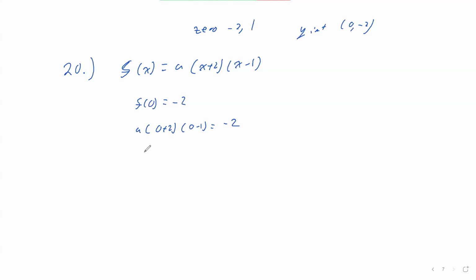So that's 2 times -1, so that's -2a equals -2. Then we divide by -2, and a equals 1. So therefore, I now have an equation of 1 times x plus 2 times x minus 1.